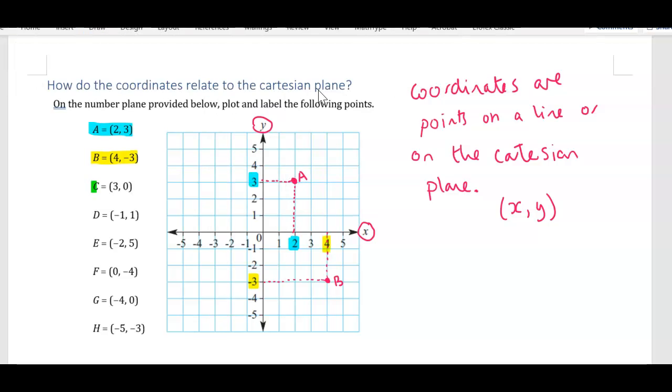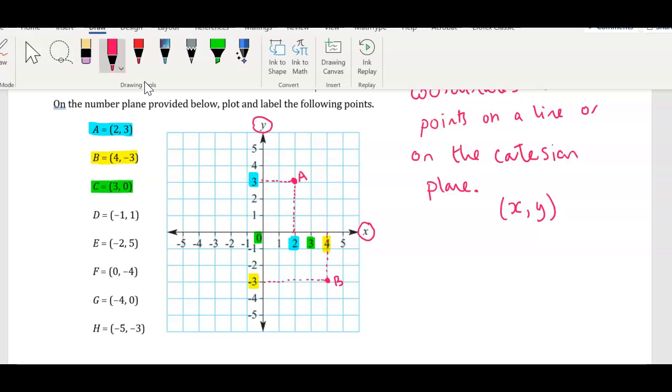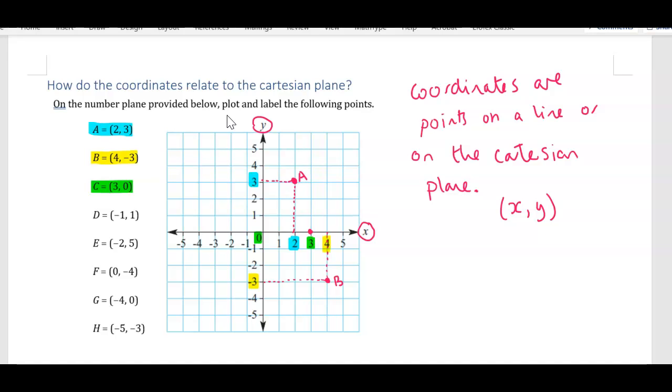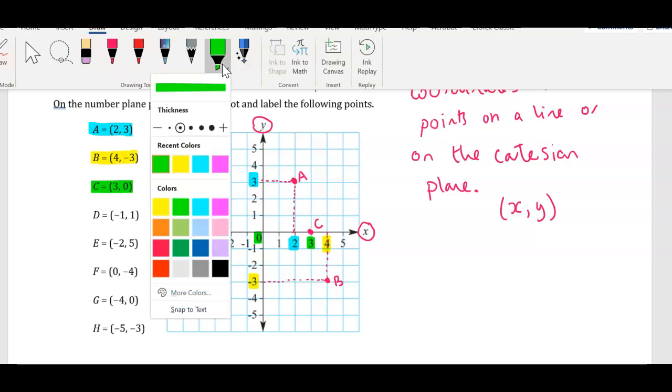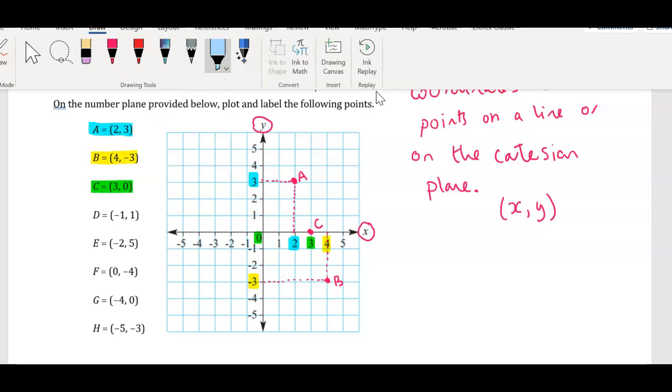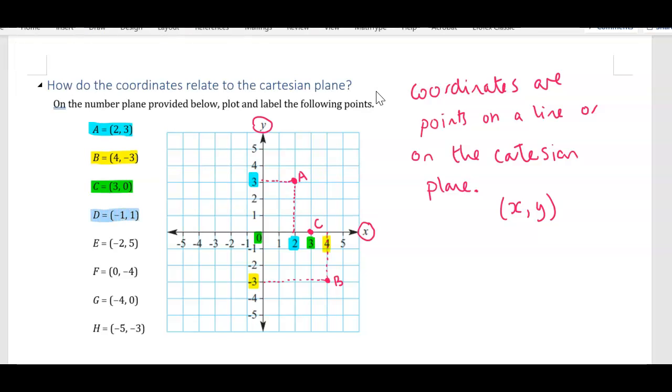So let's have a look at point C. Our x value is 3, so we always read it off our x-axis first, and then y is 0. Now, this is an interesting one because we actually haven't moved, because we stay there on the line. So that is point C. Let's see if I can get another lighter colour. There we go. Now -1, 1.